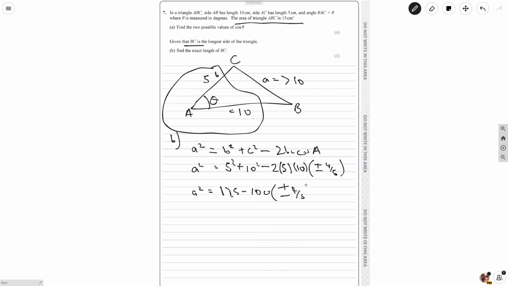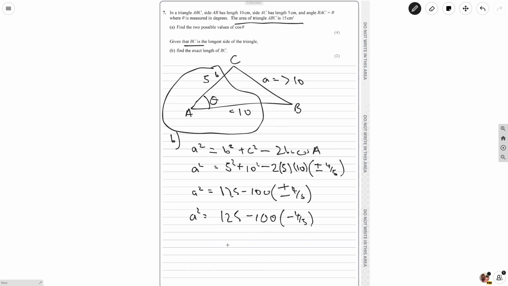Let's think ahead about what's going to happen here. We've got 125 and then subtract a number. If that number is positive, it's going to get smaller, and that's going to give us a smaller value for a. But if we pick cosine theta equals negative 4/5, we're going to get minus a minus, so it's minus 100 times negative 4/5.